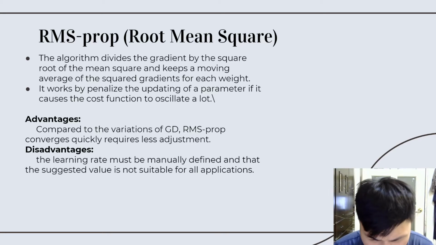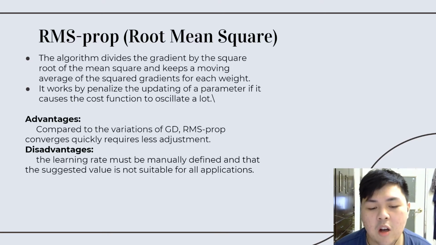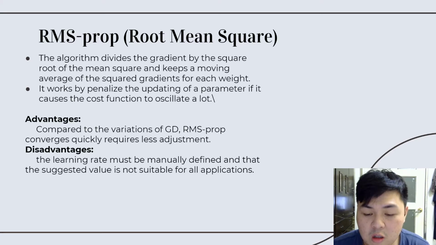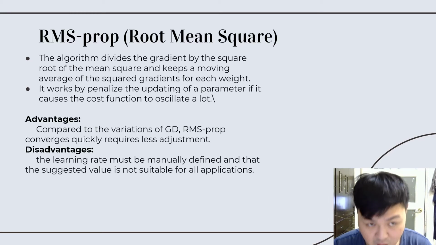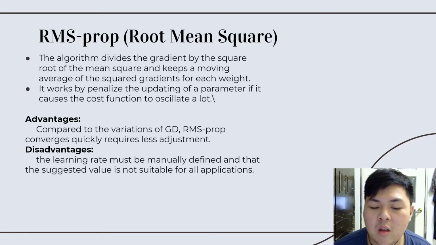So if it causes the cost function to oscillate a lot. Imagine if you create a model to categorize various fish species, and the model mostly uses the attribute color to distinguish between the fishes, but it thus commits numerous faults. That's where RMSprop penalizes the parameter color in order to let the model rely on other attributes as well.